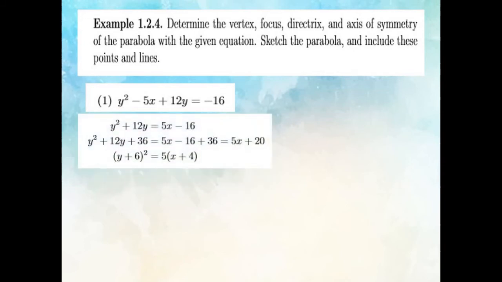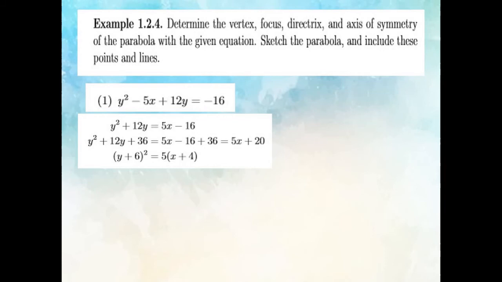So y squared plus 12y is equal to 5x minus 16. We shall group the terms with y, and on the other side the x and the constant. Then you complete the square.